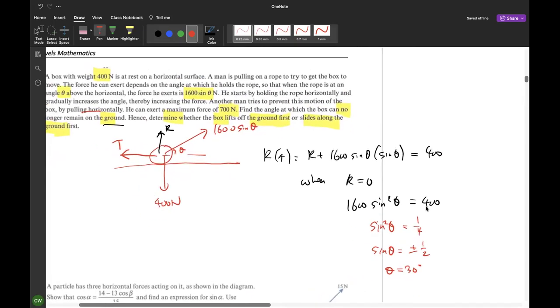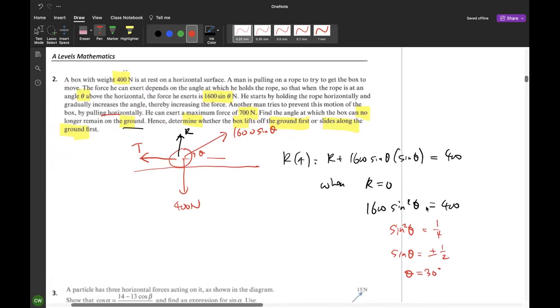Determine whether the box will lift off or slide. 700.